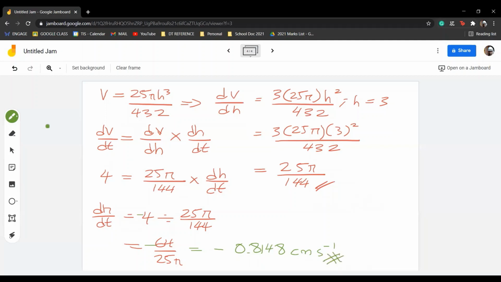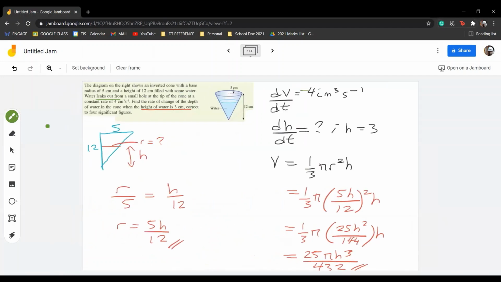Please take note: when the height is increasing, it's positive, and when the height is decreasing, it's negative. I purposely omitted the negative so that you could highlight it at the very end, so that you understand that the negative means the water is leaking out and the positive means the water is being absorbed in.